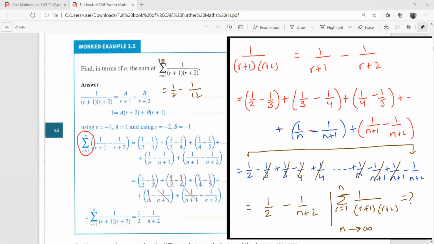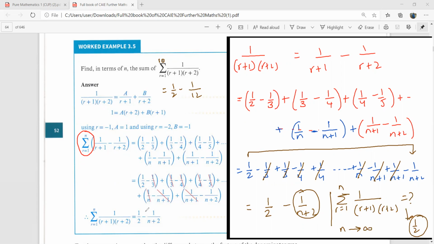Why? Because when n is really big, 1 over n plus 2 becomes 0, so you're left with 1 over 2. Exactly, so its answer would be half.